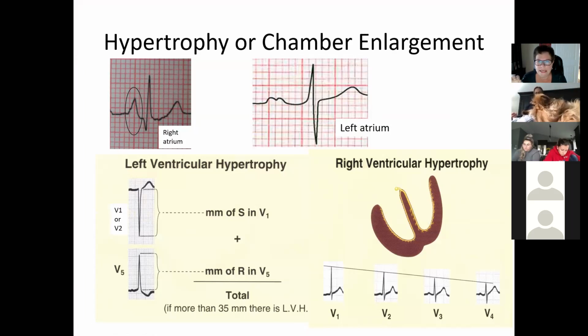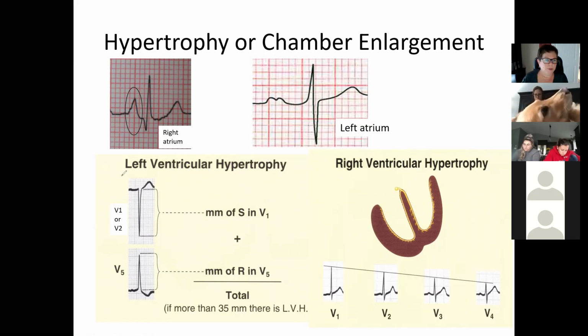And whenever you hear someone say, yes, he meets voltage criteria for left ventricular hypertrophy, what they have done is they have looked at V1 or V2, and they have said, who has the deepest S wave?